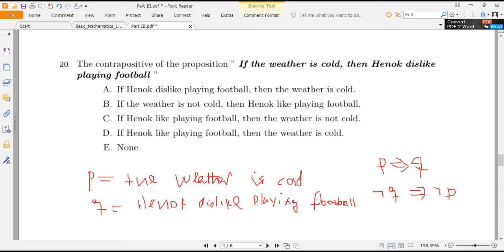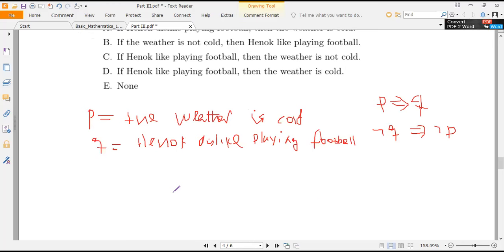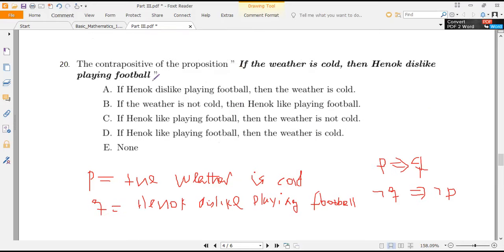So, as we have said, we are asked to find the contrapositive.